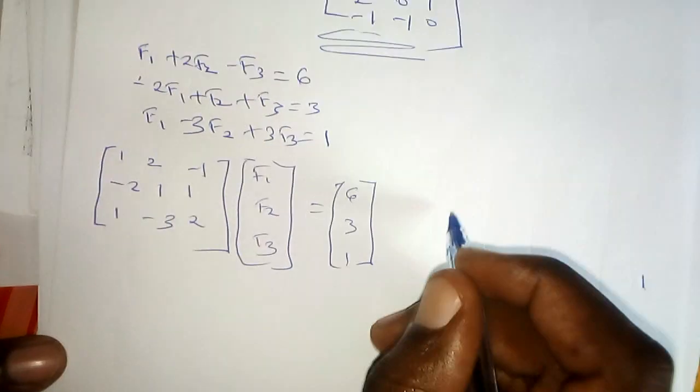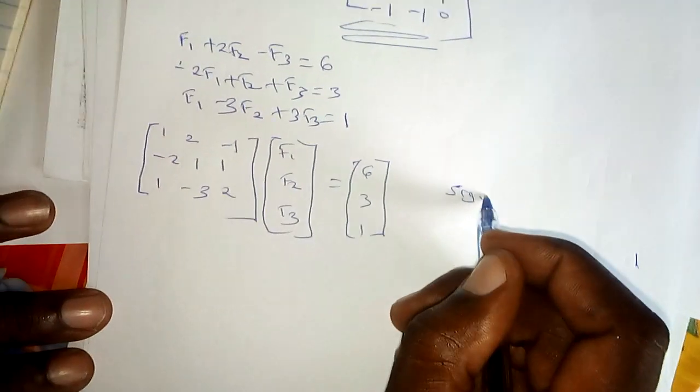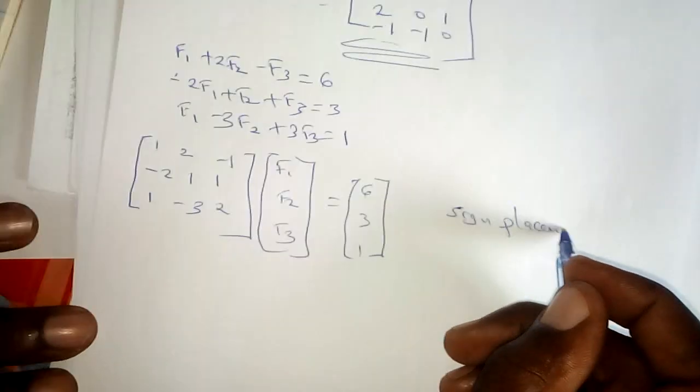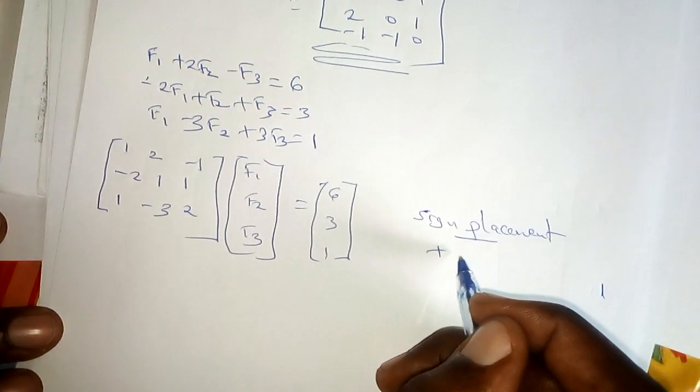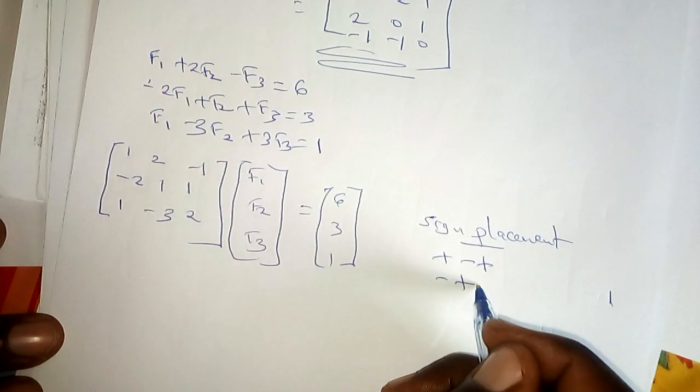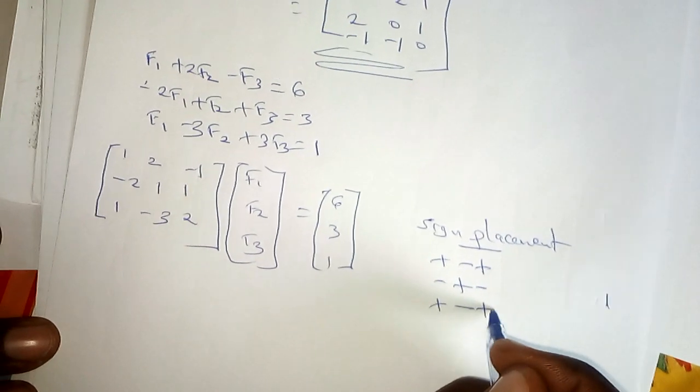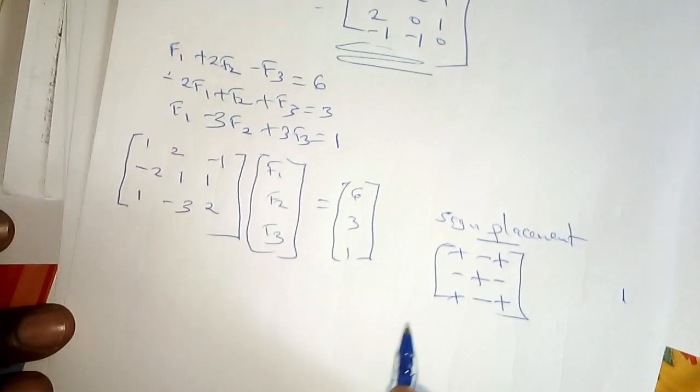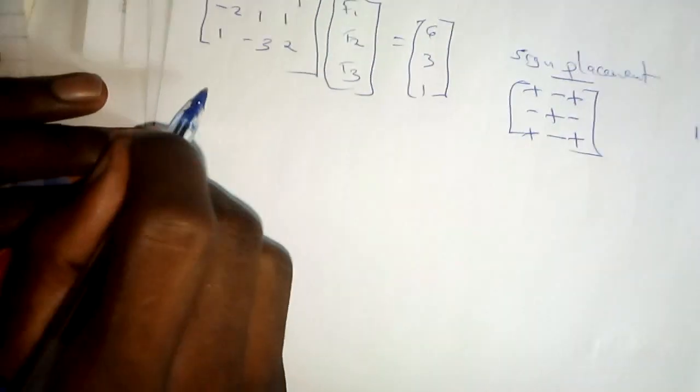As we have sign placement, positive, negative, positive, negative, positive, negative, positive, negative, positive. That is sign placement.